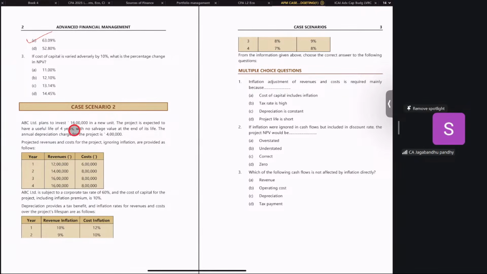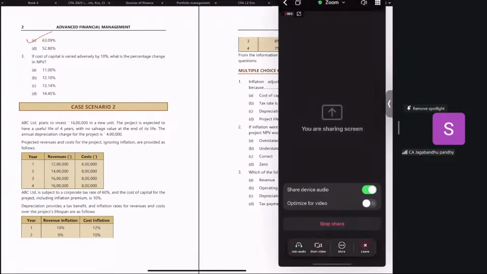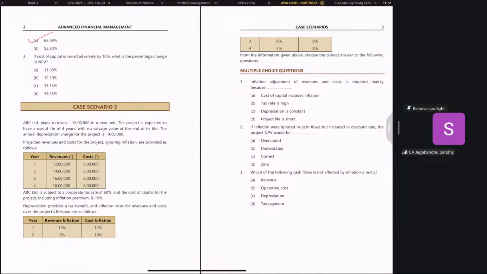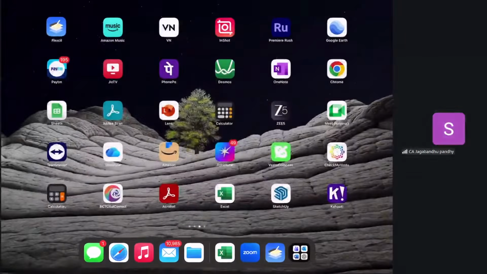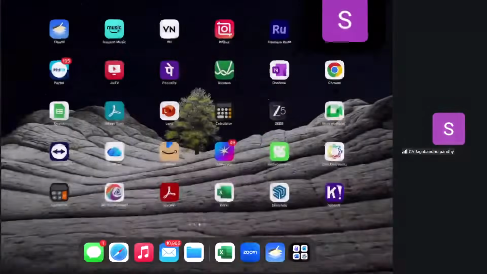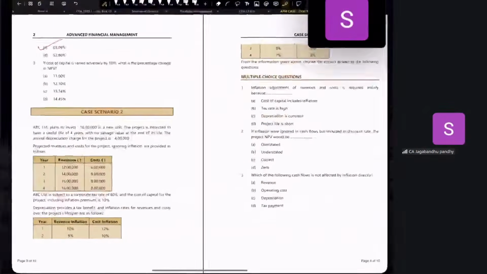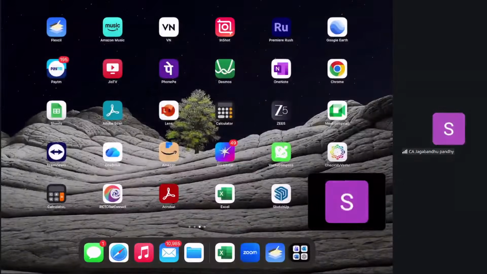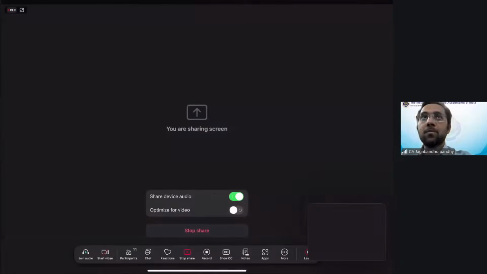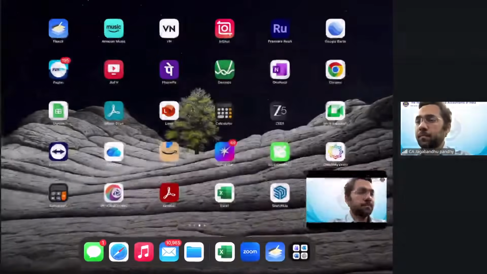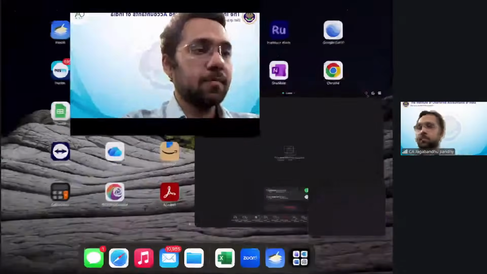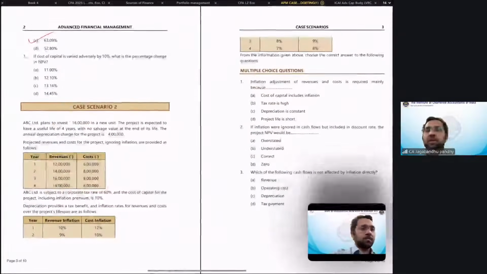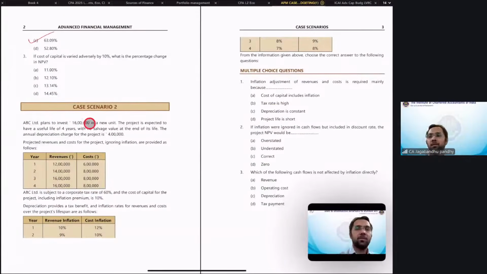ABC Limited plans to invest 16 lakh in a new unit.